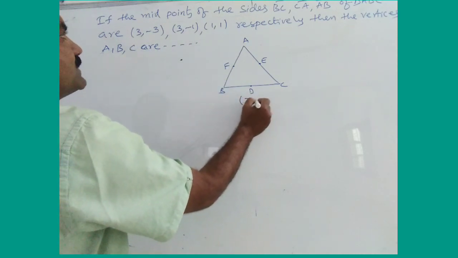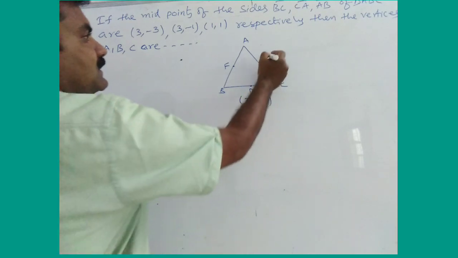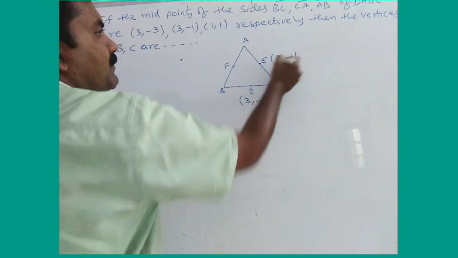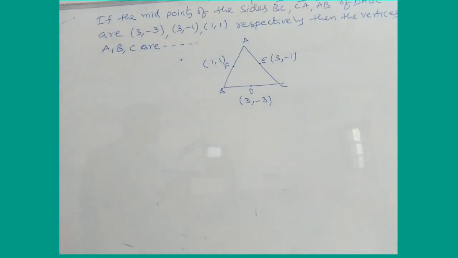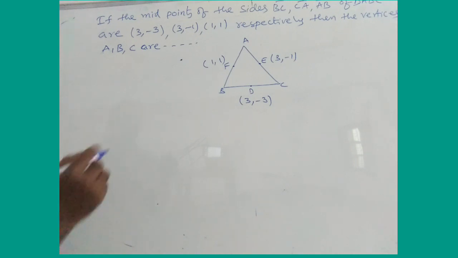D coordinates are (3, -3). E coordinates are (3, -1). Whereas F coordinates are (1, 1). Now midpoints of the sides are given and asking us to find vertices.